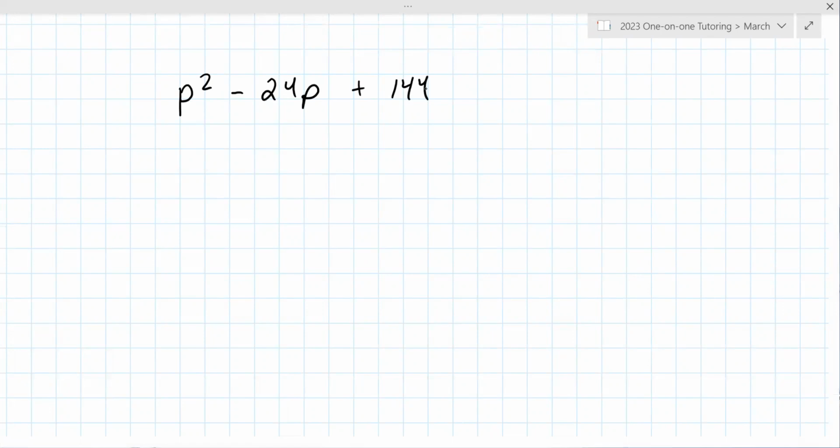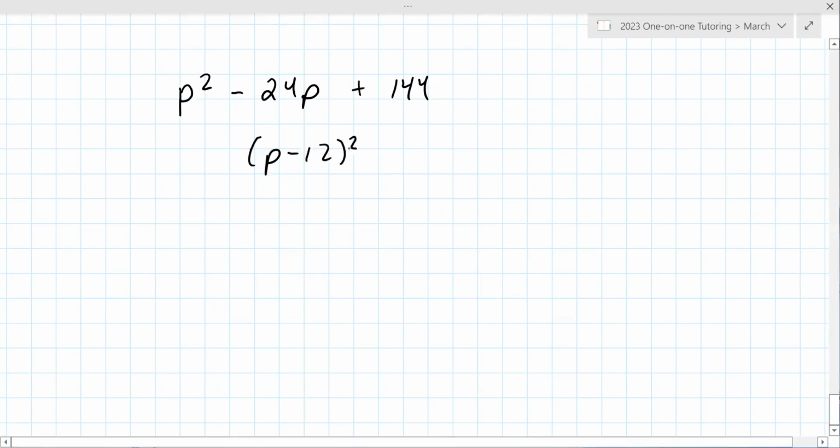Okay, let's have you do one more. I'll switch it up here. Let's say it's p squared minus 24p plus 144. This would be (p minus 12) squared. Very good.